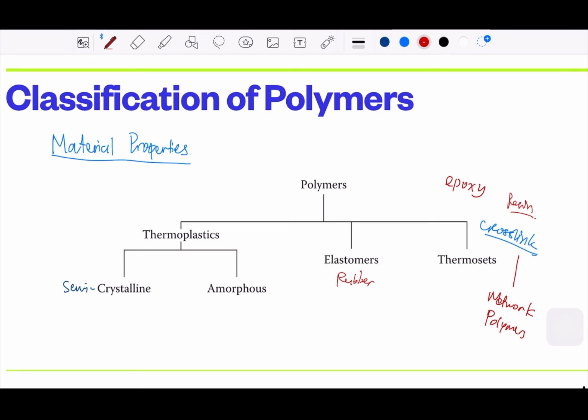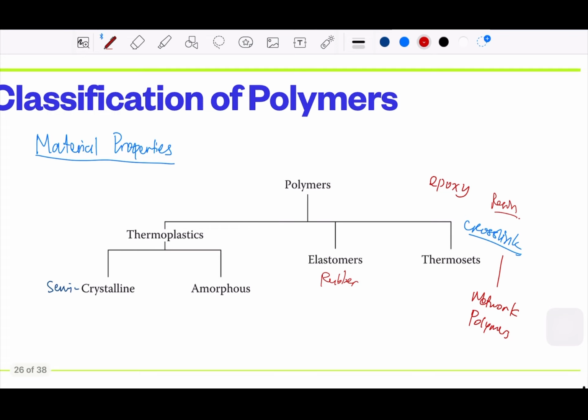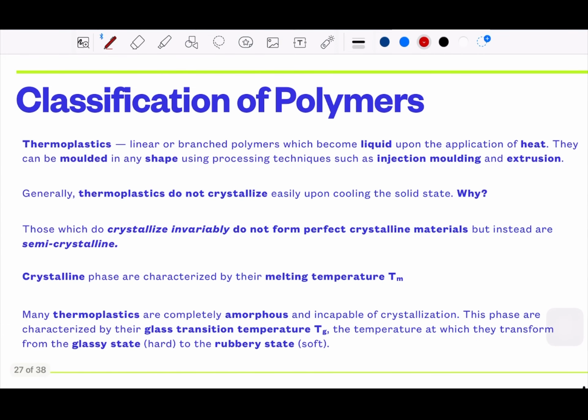Okay, let's go through a few definitions and see what the difference is. So, thermoplastics. The important point is that if we apply a process like increasing the temperature, giving heat, it becomes liquid.